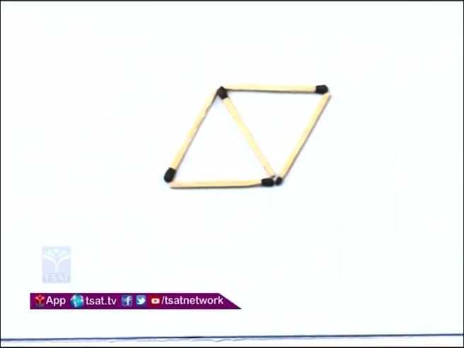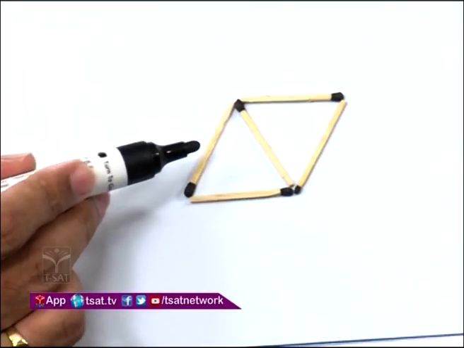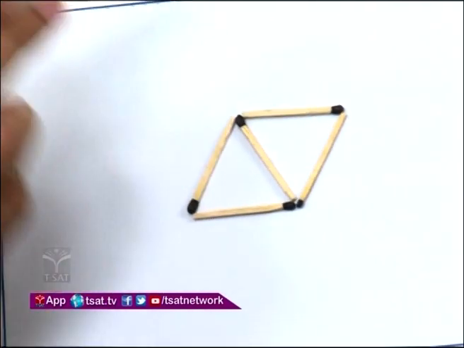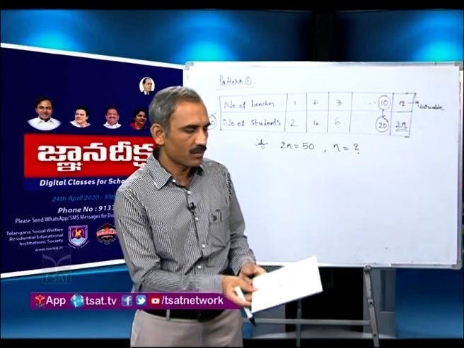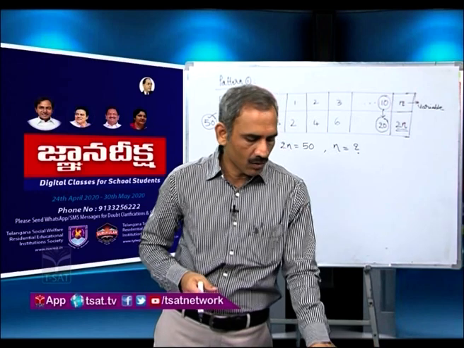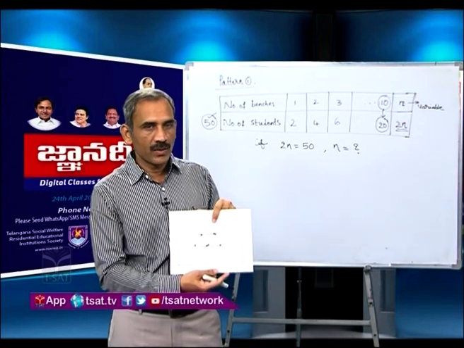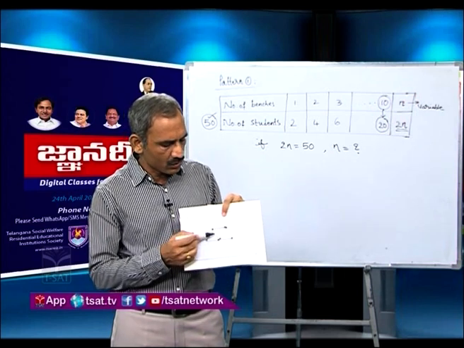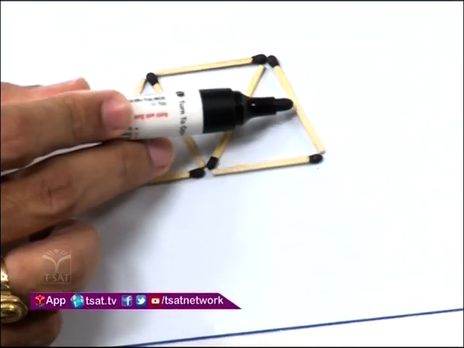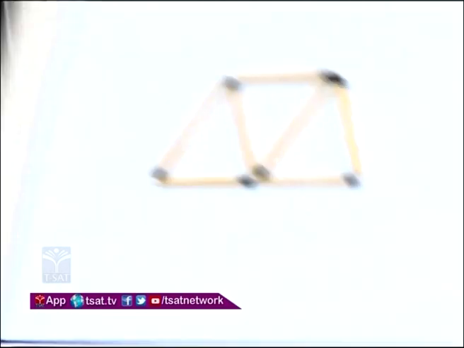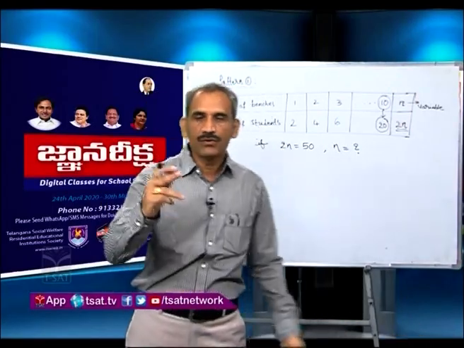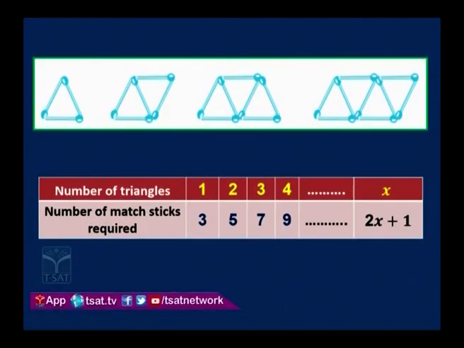Then how many matchsticks are needed? 1, 2, 3, 4, 5. 5 matchsticks. Please remember, my dear students. Now, I want to make 3 triangles. How many matchsticks are required? 1, 2, 3, 4, 5, 6, 7. 7 matchsticks are required. If you look at the slide, there we also prepared a table.